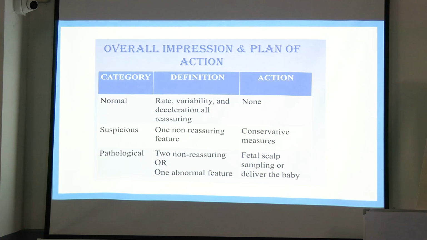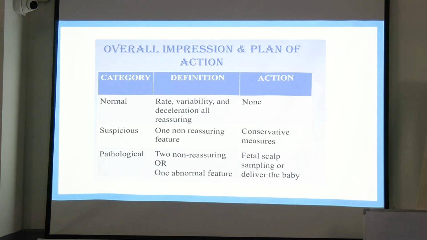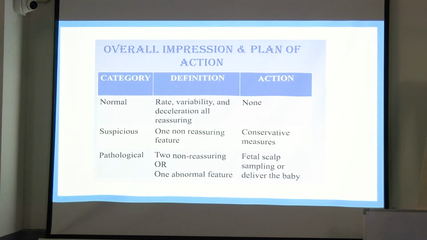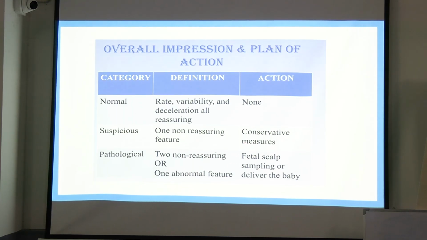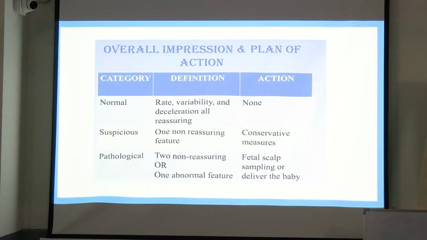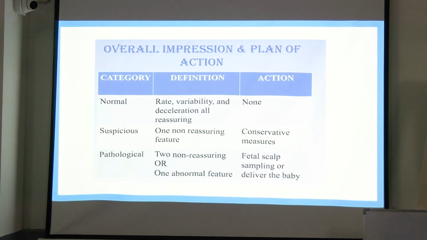If the CTG is normal, no action is needed. If it is suspicious, meaning one non-reassuring feature is there, then conservative measures should be done. Pathological means one abnormal feature or two non-reassuring features are there. Then you have to continue fetal conservative management, and we can proceed to fetal scalp sampling. Nowadays we don't do that. We will deliver the baby.